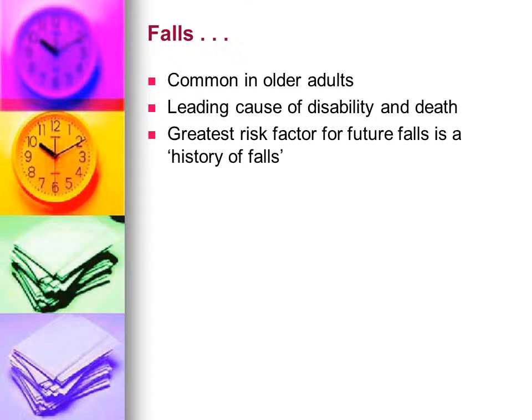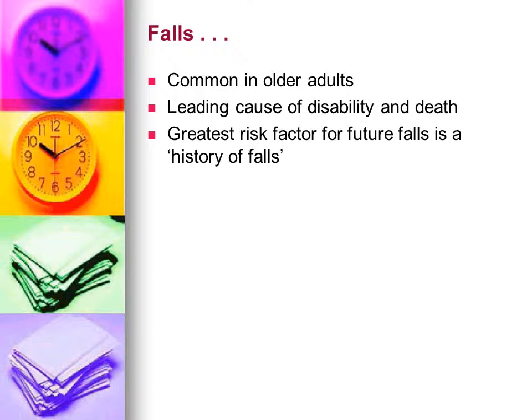Falls are common in older adults and are a leading cause of disability and death. They may also indicate underlying disease. In fact, in about 10% of cases, the fall may be the only symptom of an underlying acute illness. Therefore, whenever an older adult falls, the cause of the fall should be determined.